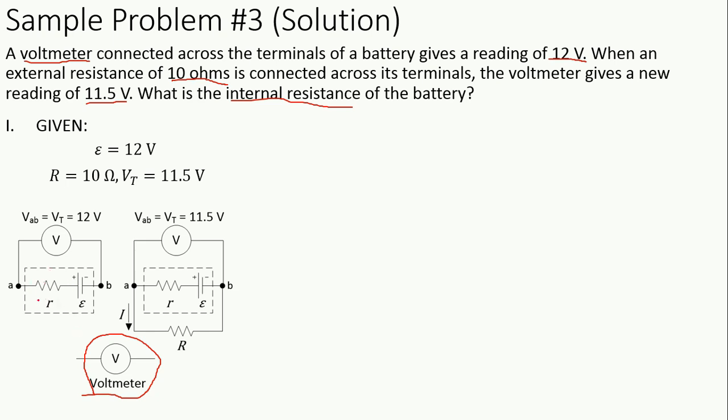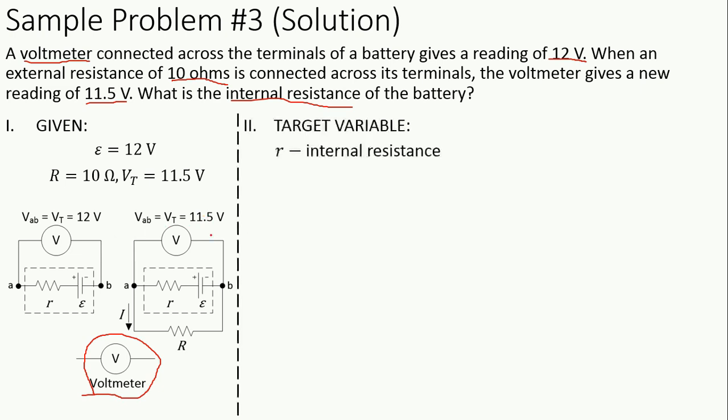And then here we draw the model of a practical battery, in which we have an EMF in series with a small internal resistance. And then we label the voltage readings from the voltmeter. Next, our target variable is the internal resistance, small r.